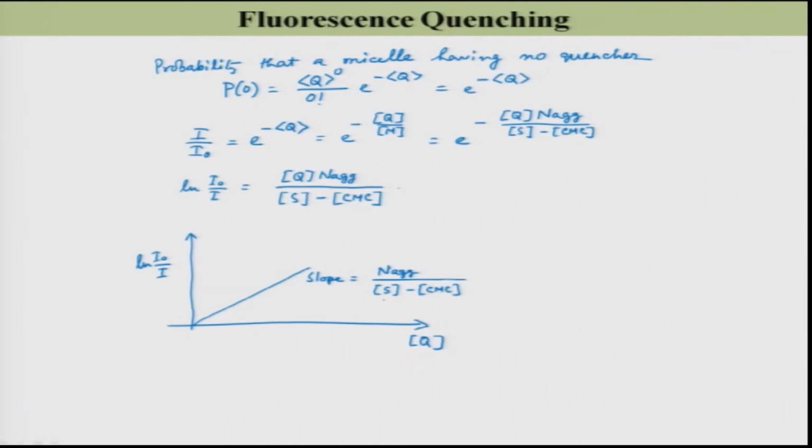I know the concentration of the surfactant for a particular experiment, and the slope is known. CMC you have already determined from another experiment. So, you can simply get the n aggregation value. So, you see that using fluorescence quenching we can easily determine the n aggregation value. Okay. So, we will finish here and thank you for listening.